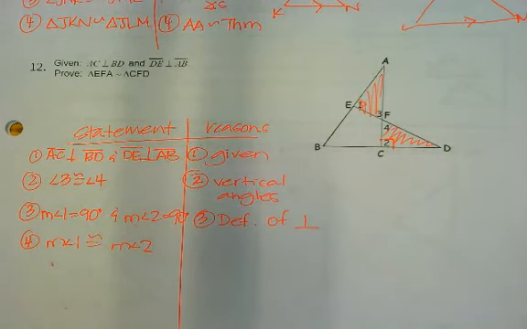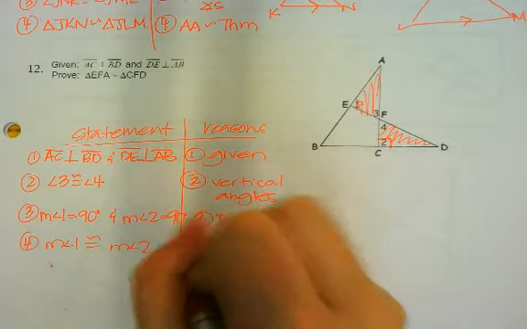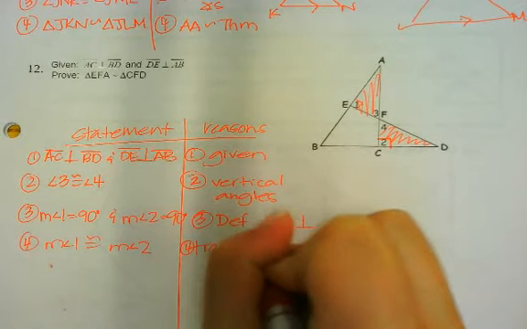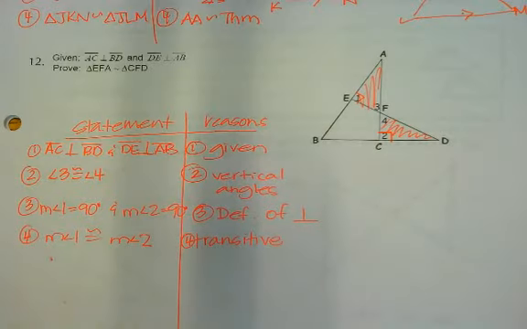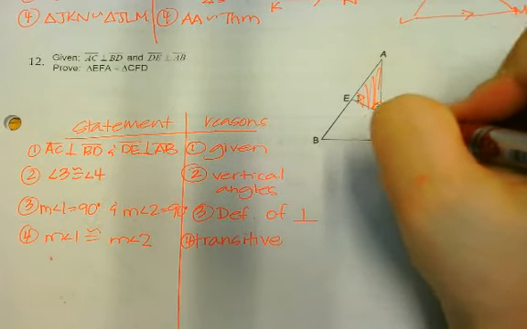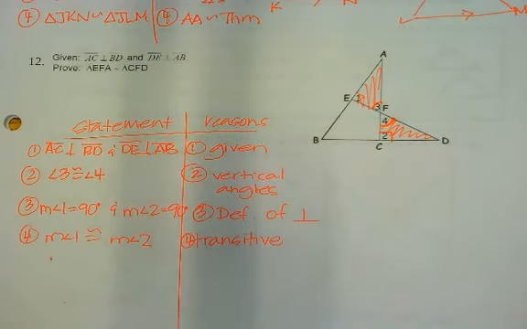So remember, it's kind of like substitution, but when it's not across operations, it's just transitive. If it's across operations, then it would be substitution. Okay, so we know 1 is congruent to 2. We know 3 is congruent to 4. So now what? AA. And voila, we're done.